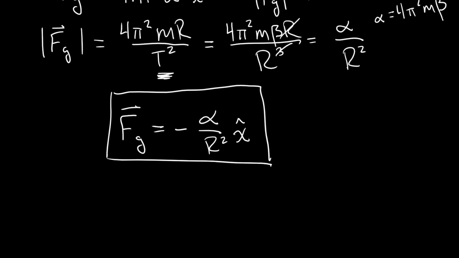So the only thing left to do is to find alpha, which we'll consider later on. But this is one of these amazing things about being able to use these sorts of conservation laws, and how powerful angular momentum in particular can be.